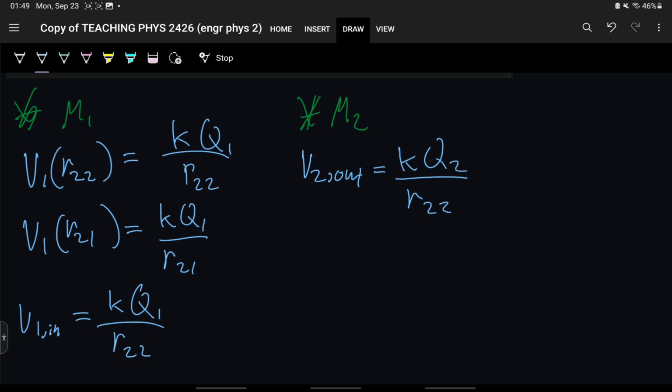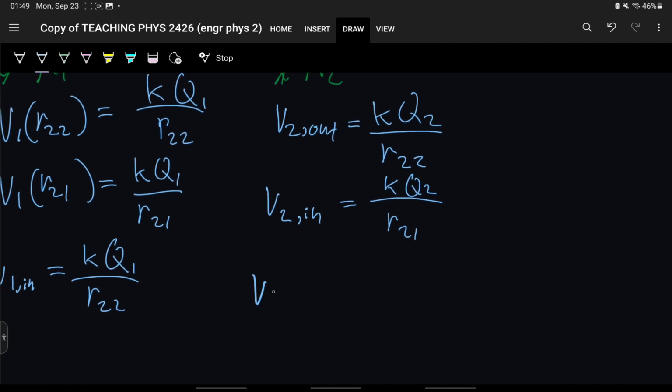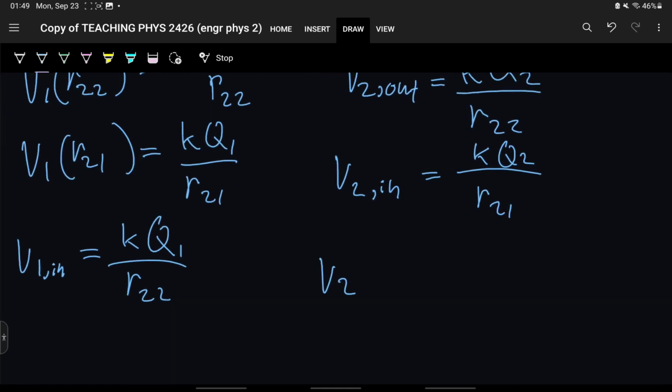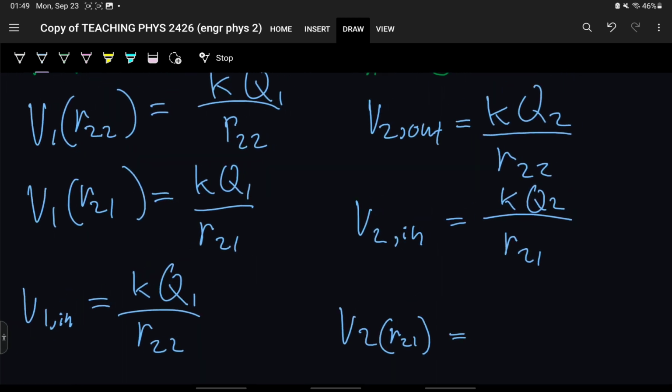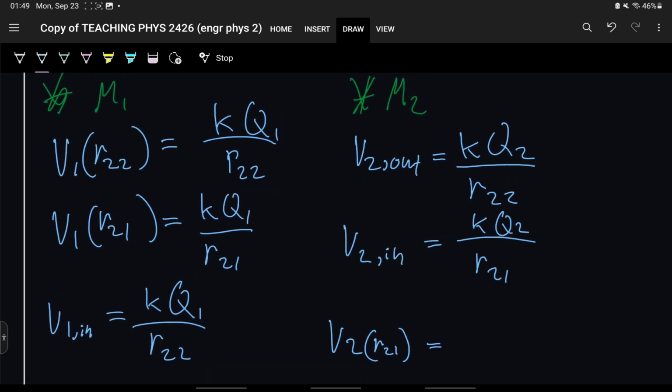And the potential inside of M2 at R2,1 is V2 inner, equal to lowercase k times Q2 all over R2,1. The potential on the inner surface of M2 at R2,1 is capital V2, equal to k times Q2 all over R2,1.